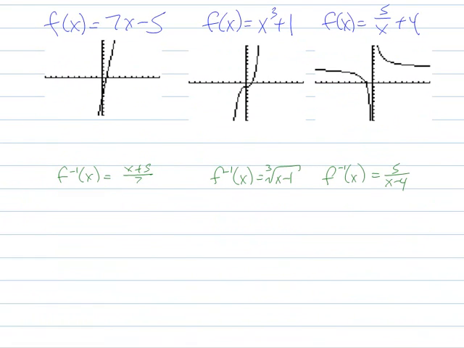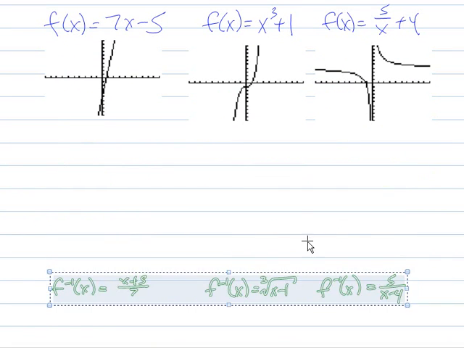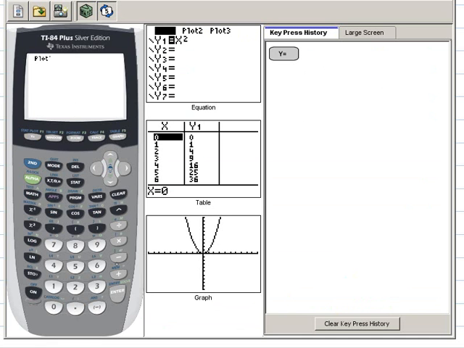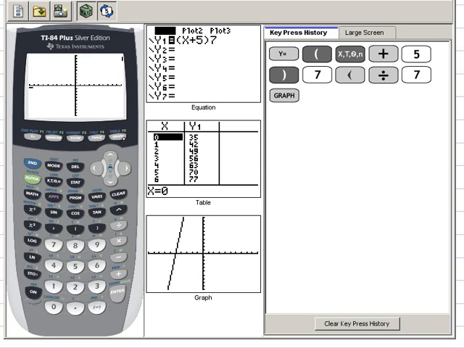So now I'm going to graph the inverse functions and put the graphs right next to them so you can see what's going on. First of all, the inverse of this first one was x plus 5 over 7. So let me graph parentheses x plus 5 over 7, divided by 7. I'm going to graph that.